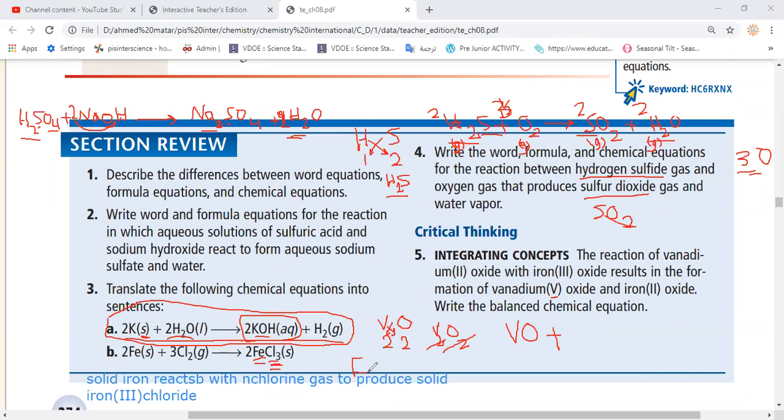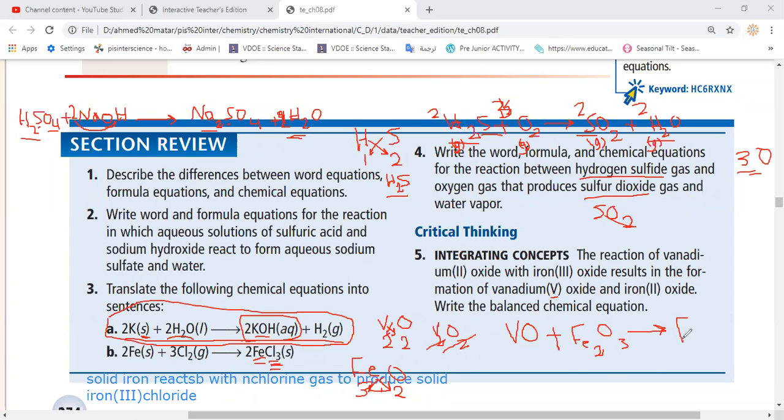Okay, we react with iron 3 oxide. Iron is Fe, and 3 means valence equals 3, oxide is O, and its valence equals 2. So switch the valences, and it will be Fe2O3. So that will produce iron 2 oxide.